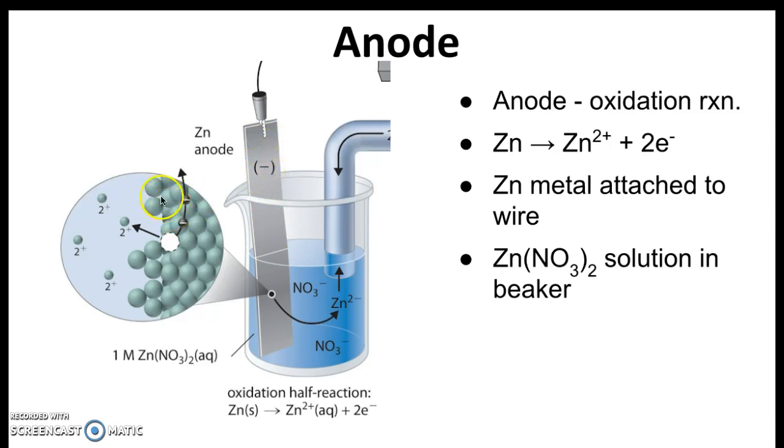If you take a close-up of the surface of the anode, you will see these green spheres. The big green spheres represent the zinc metal, and as the reaction goes on, they will start to become zinc cations.